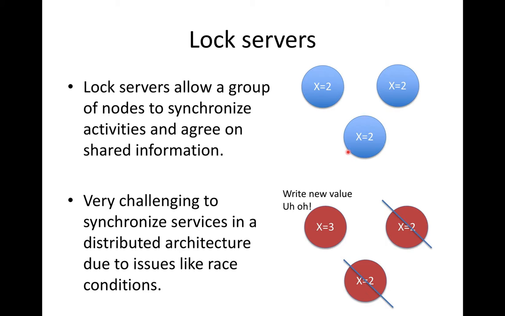And we need to ensure that these systems are all agreeing on the same value, because you want to avoid a situation where you're querying your service discovery platform for the value of X, and one of the servers thinks that the value of X is 2 and the other one thinks the value of X is 3, and you're getting inconsistent results back.